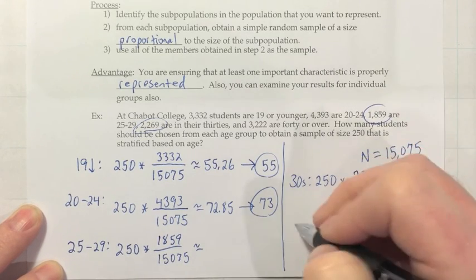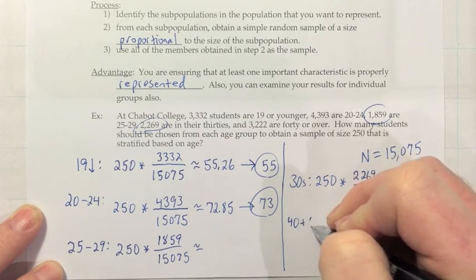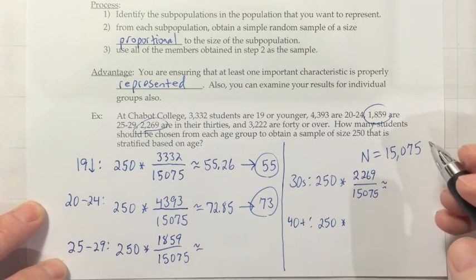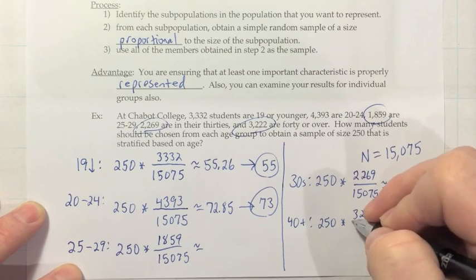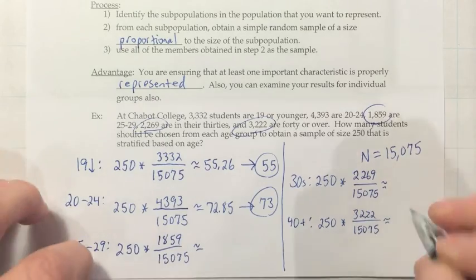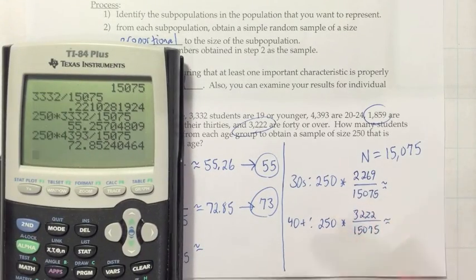We'll do that one. And then finally for the people who are 40 plus, 250 times, and there's their number, 3222 over 15075. So let's just bring in the calculator and knock all 3 of those out at once.